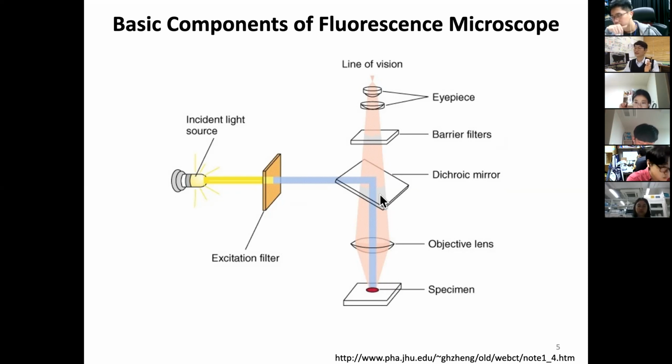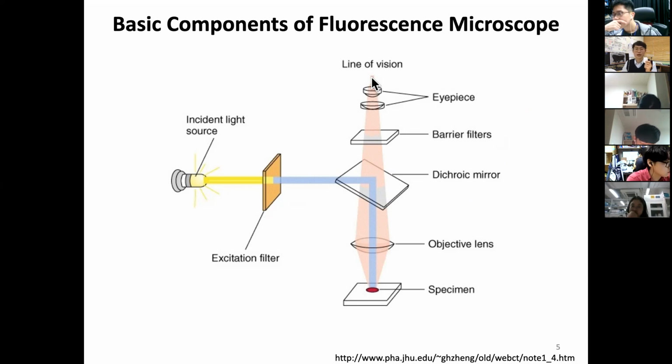Now the issue is you have to capture this red color by using an imaging device or microscope. Here you can see this lens. The lens focuses this light coming out of the focus point and sends it through either your eye or a camera.